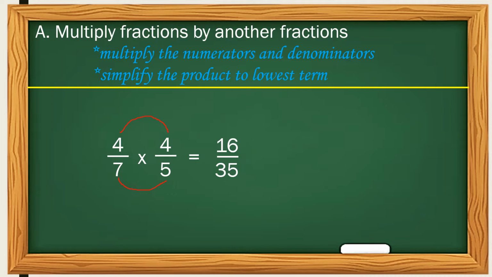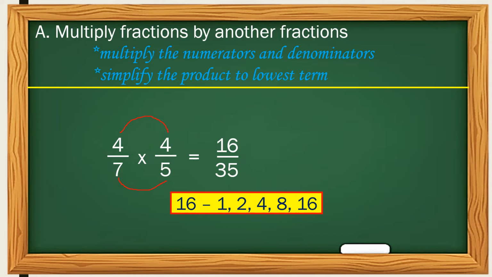So, in simplifying the product to lowest term, we're going to find the greatest common factor of 16 and 35. So, we're going to list down all the factors of 16 and 35. So, the factors of 16 are 1, 2, 4, 8, and 16.